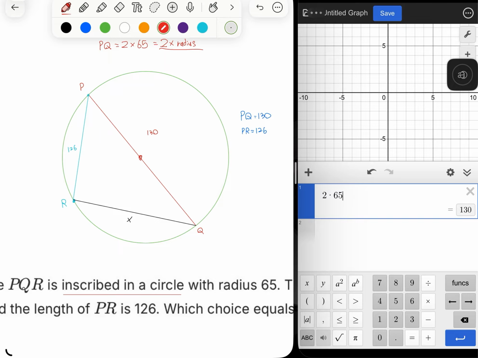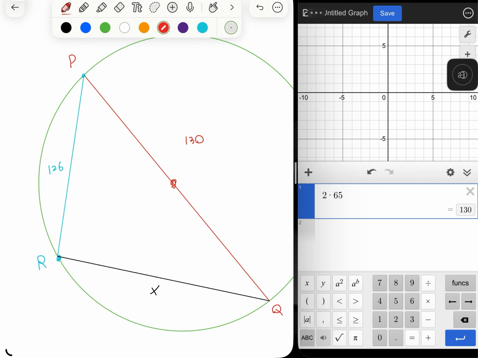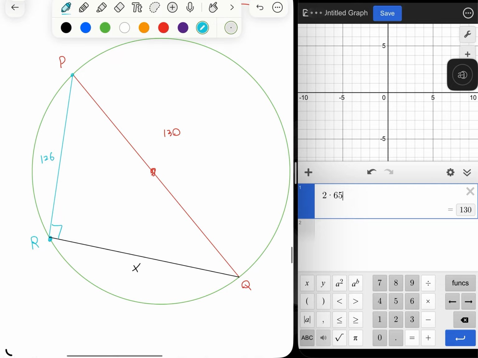An important thing to know about a circle is this property: if a side of a triangle is a diameter of the circle, then the angle opposite that side has to be a right angle, if the point is touching the circumference. You might be wondering, why is that the case?